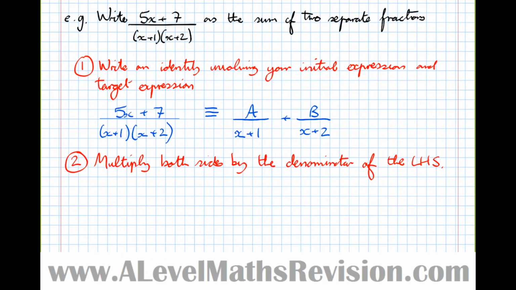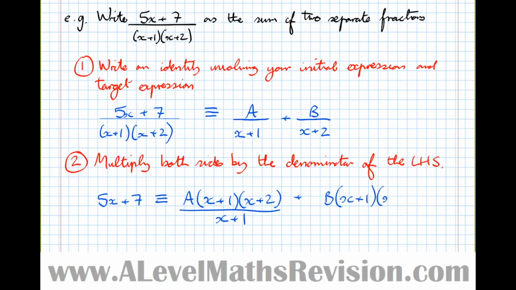So multiply both sides by this denominator here. So I multiply the left-hand side by it. It just becomes 5x plus 7 is identical to, so A(x plus 1)(x plus 2) over x plus 1 plus B(x plus 1)(x plus 2) over x plus 2.